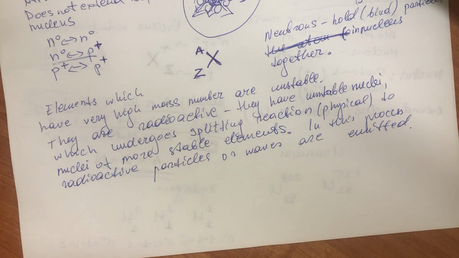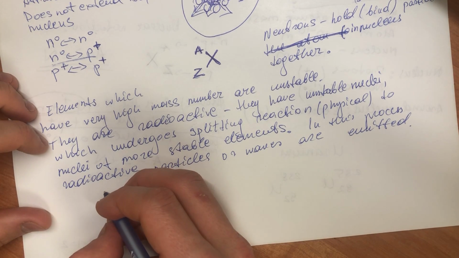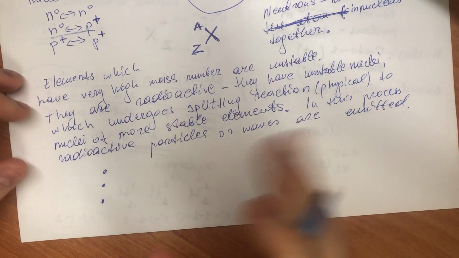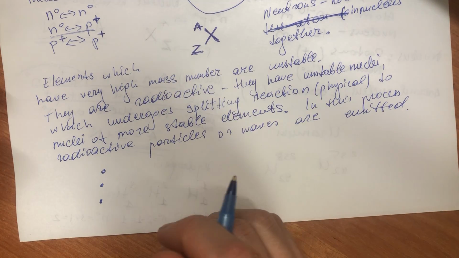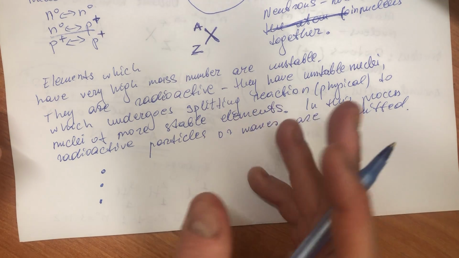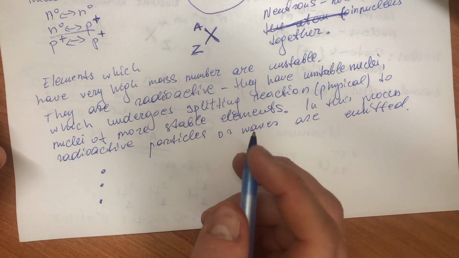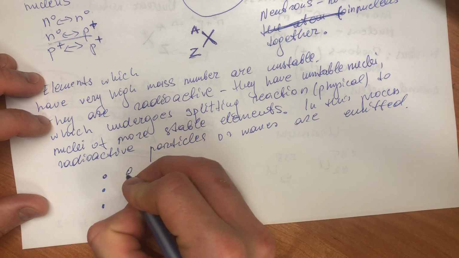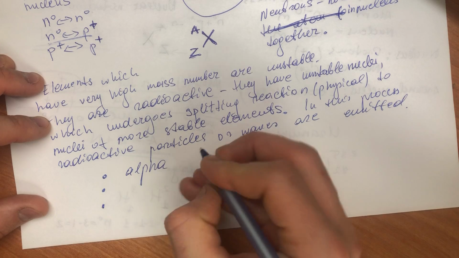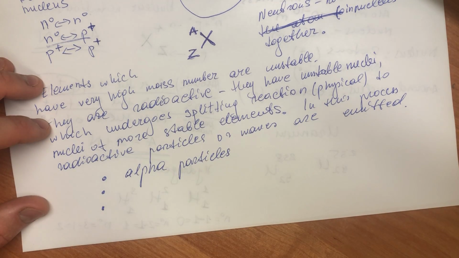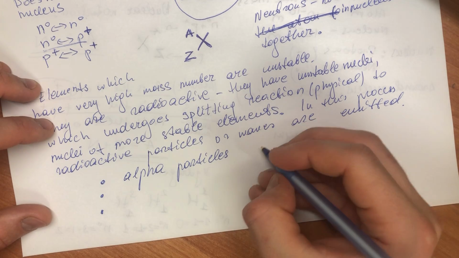So during radioactive decay, three kinds of radioactive particles can be emitted. The first is called alpha particles.